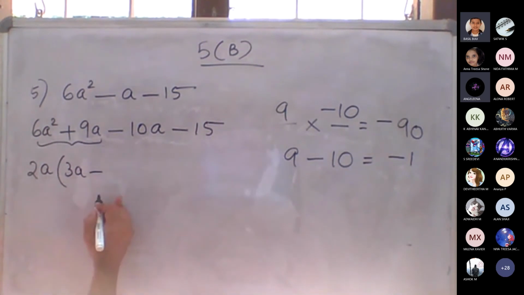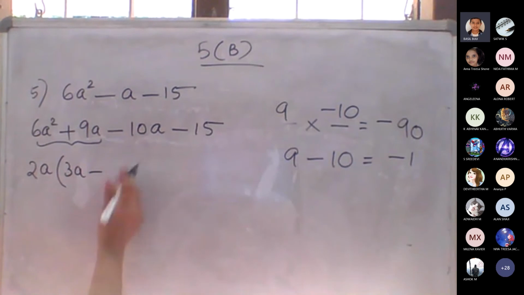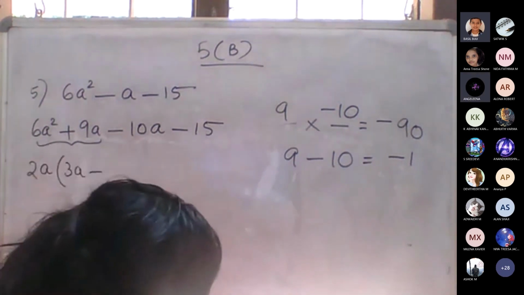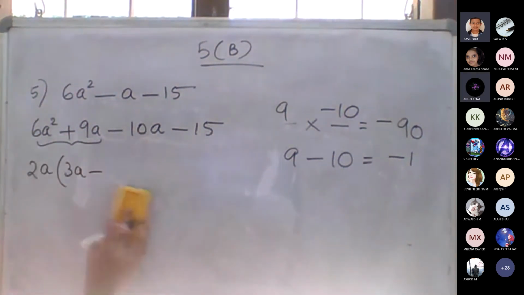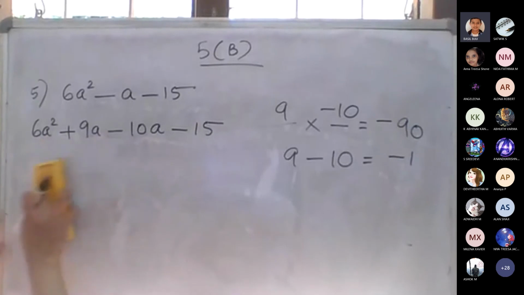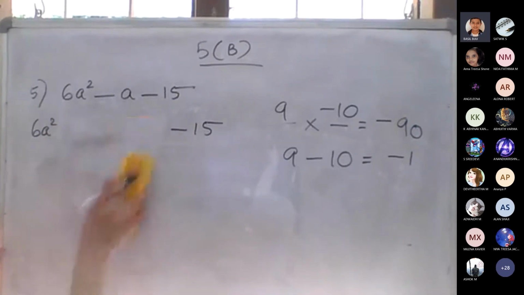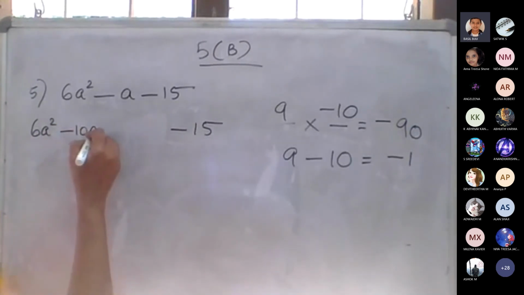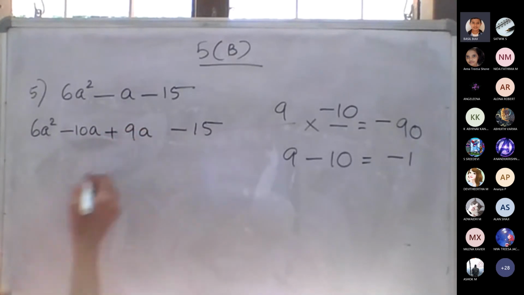You wrote minus 10a first, then plus 9a.